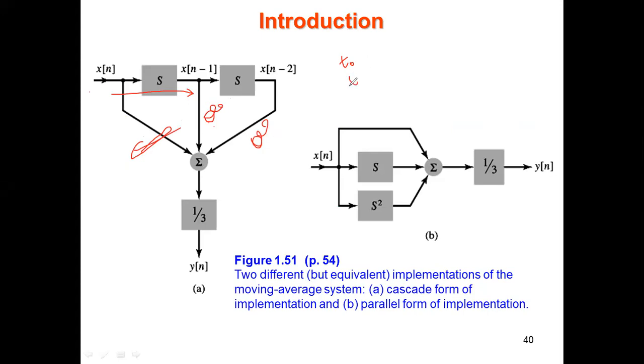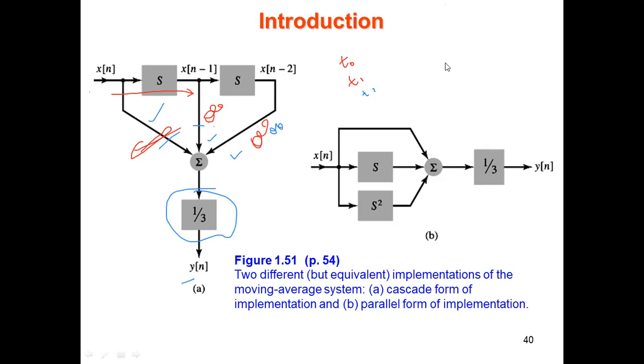After time instant, say t1, after 1 second or 1 match or 1 day, whatever it is, you have 2 valid data. Data here, data here. Here there is some junk data. After time instant t2, now you have the data ready. Here also, here also, here also. So in this type of implementation, you accumulate all the data. Finally, you divide it by say 1/3. You get your output. This is one approach.